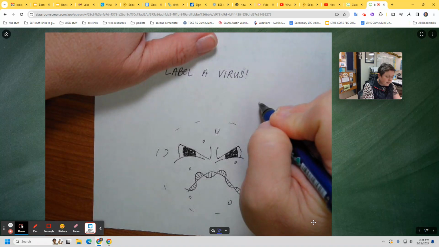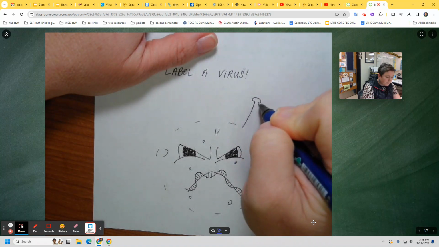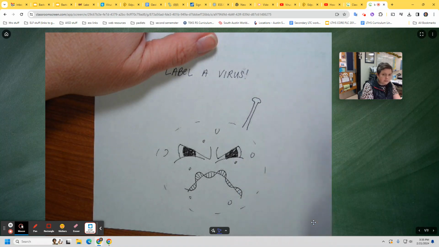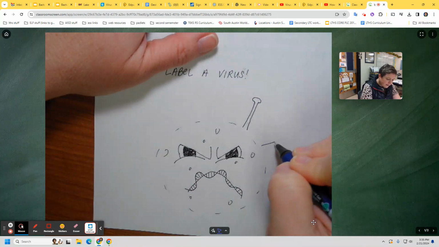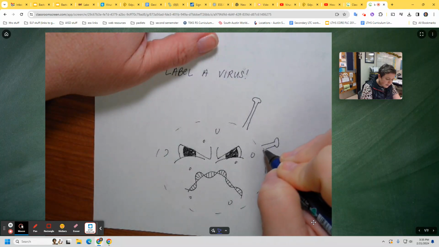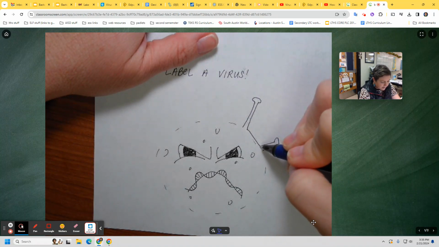So we're going to do this. Can make some tall and some not as tall. And then you're going to connect them like this.